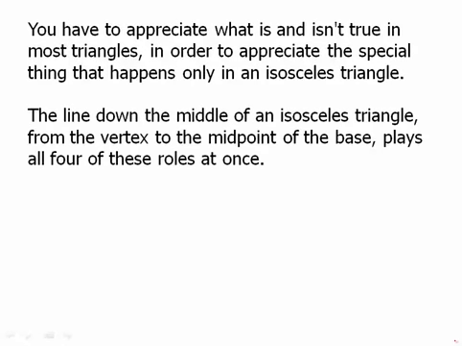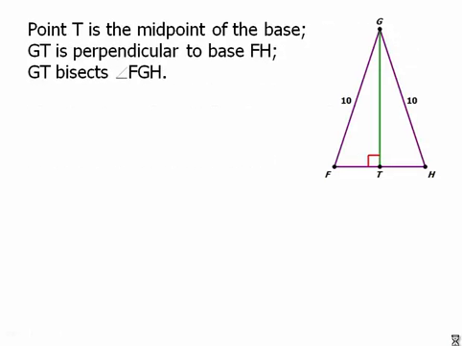The line down the middle of an isosceles triangle, from the vertex to the midpoint of the base, plays all four of these roles at once. So point T is the midpoint of the base. If we draw the line from G to T, this is going to be perpendicular to the base, so it's going to be an altitude. Of course, it's a line to the midpoint of the opposite side, so it's a median.